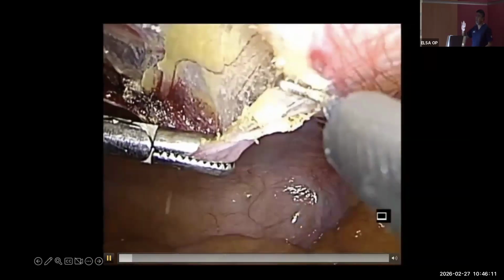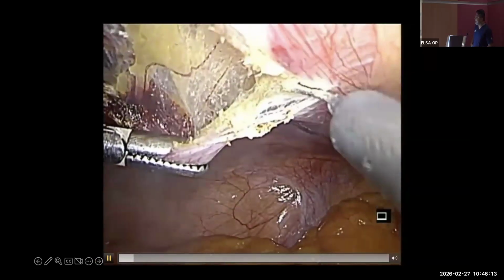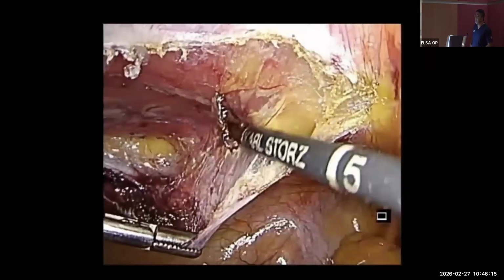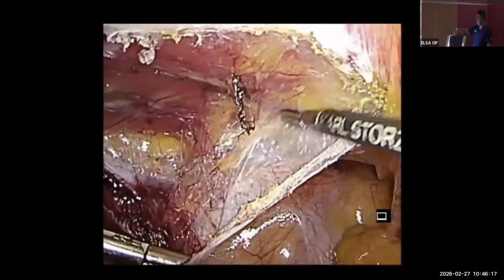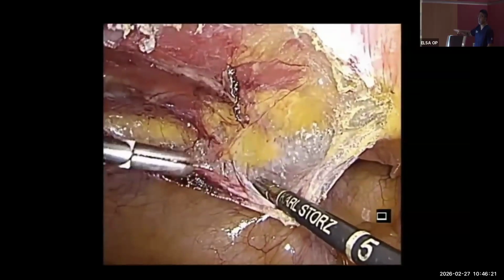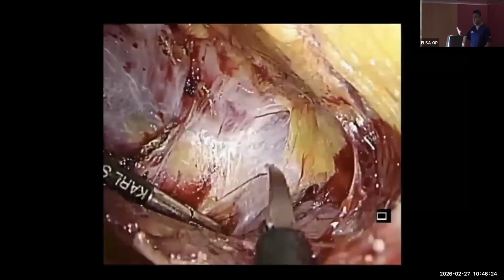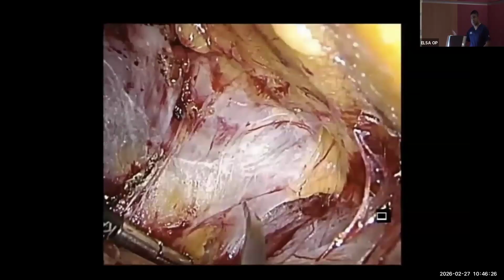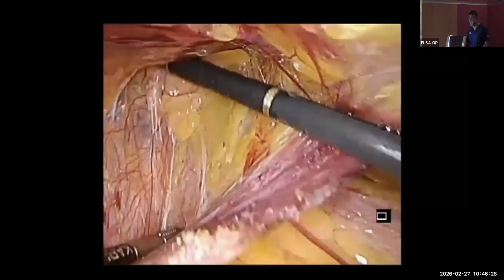For TEP also, your dissection limits are ASIS laterally, and when you come down from lateral, your ideal is the psoas with your transversalis fascia covering it. So these are your boundaries. The same boundaries are there for the dissection for TAPP.